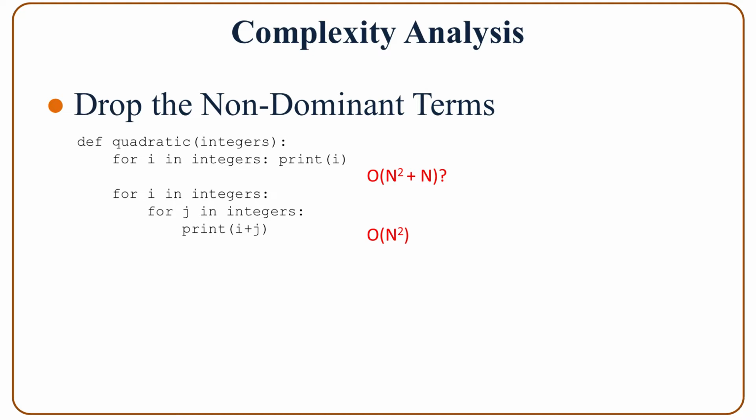The second principle is to drop the non-dominant terms. In this function, namely quadratic, we have a loop, and next we have 2 nested loops.